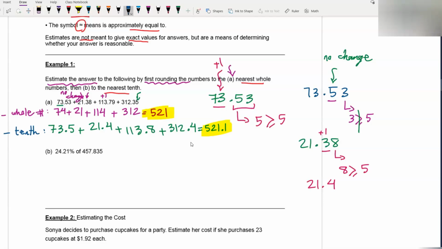Next one, 24.21% of 457.835. Here it was asking to first use the whole number and then use the nearest tenth. But we don't do exactly the same thing in this case.